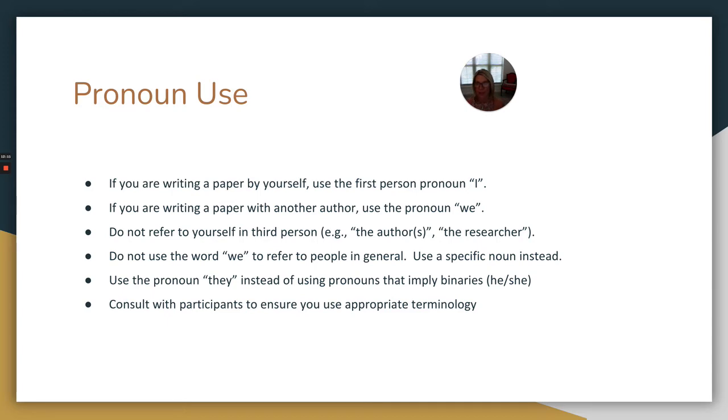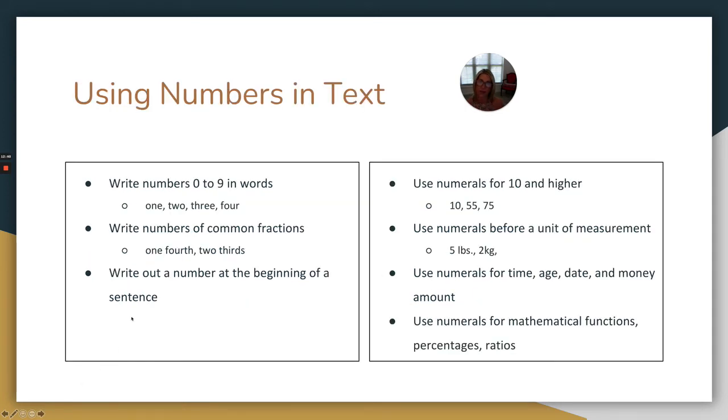And then it's also important, especially if you're writing a research paper and publishing something, that you consult with the participants in your study so that you ensure that you're using the appropriate terminology. And the APA 7 manual goes into great detail about pronoun use. So if you have any questions about what is the most appropriate term to use, that's a good place to really look for those answers.